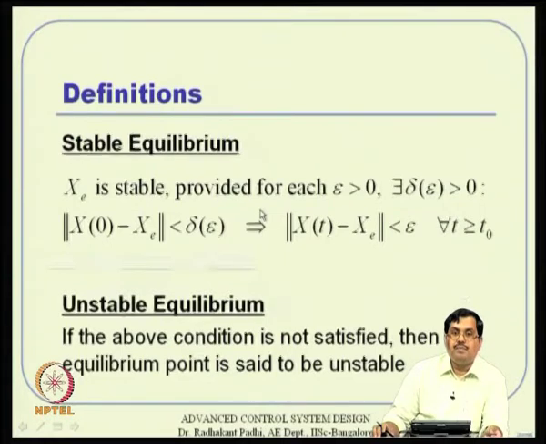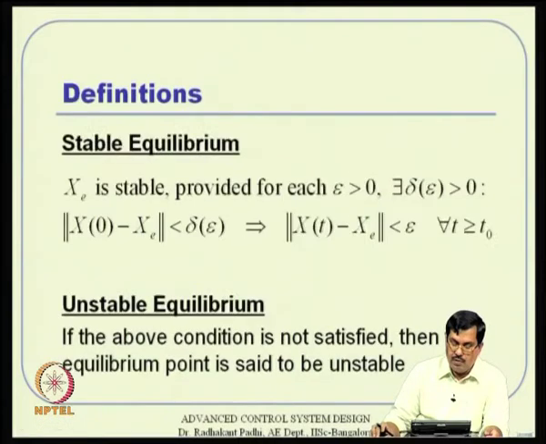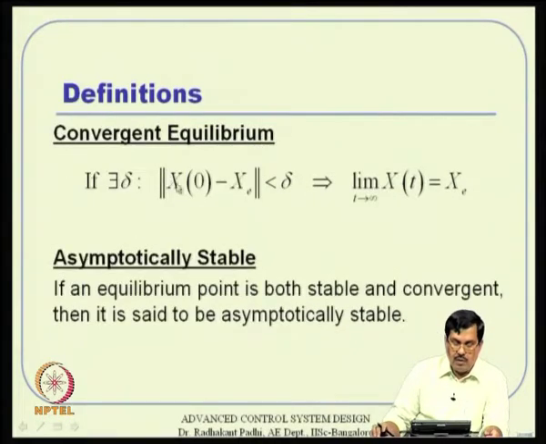But if it satisfies the weakest notion, then we are further interested, and for that we need the idea of a convergent equilibrium. That means eventually the trajectory goes to the equilibrium point, no matter where it travels on the way. And obviously, if an equilibrium point satisfies both stability and convergent behavior, then we say it is an asymptotically stable equilibrium, which is always desirable to have.